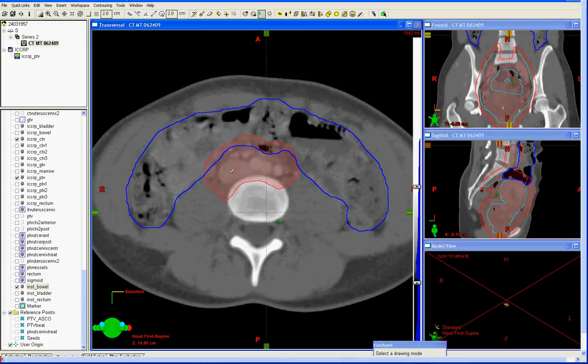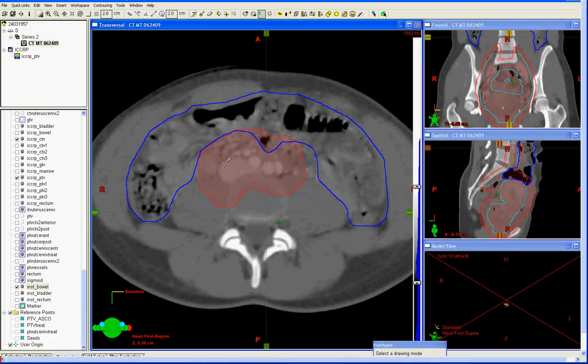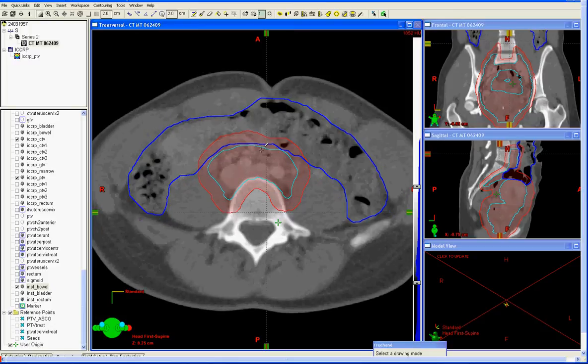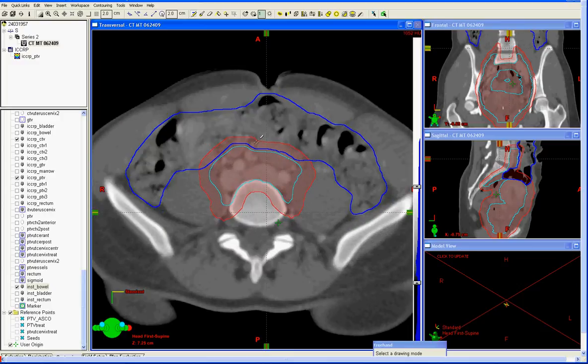So we can see this proceeds down and we follow around the outer loops of the bowel down to the most inferior point in the pelvis.